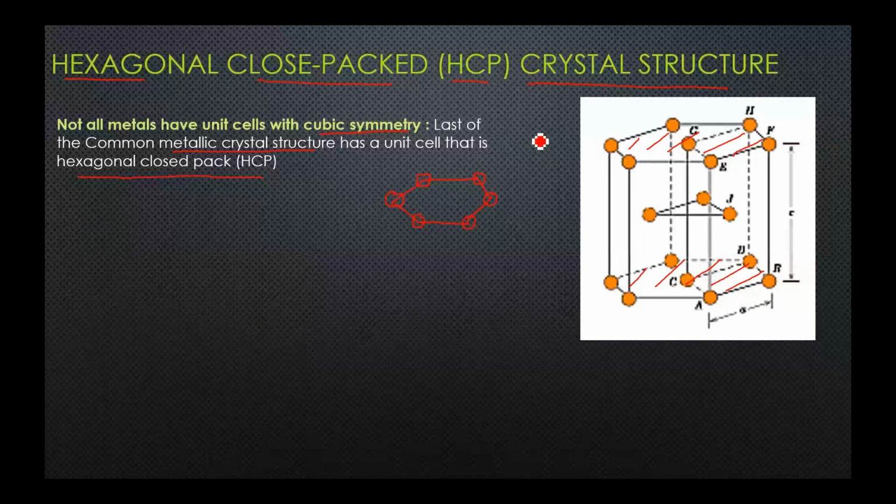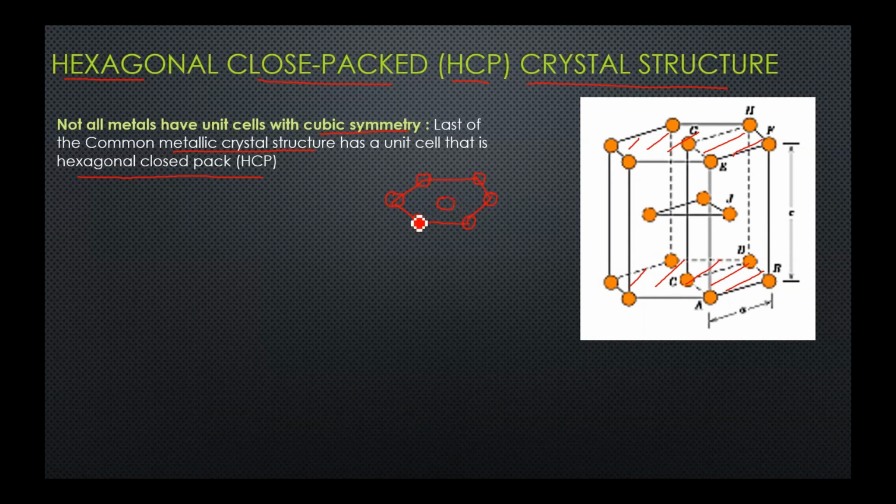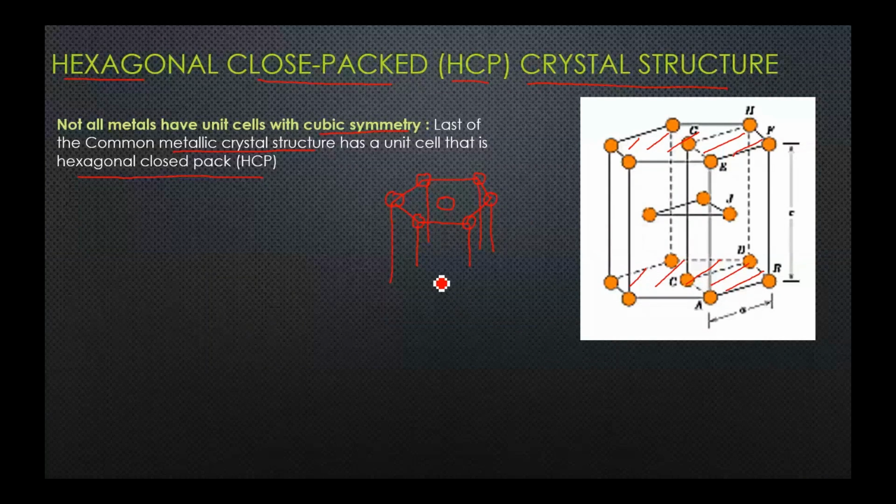There are 6 corner atoms in a basal plane of a hexagon which surround a central atom in the center. This is the basal plane of a hexagon. You have a similar basal plane at the bottom. I'm not going to draw it completely as it is already drawn for you, but you have a similar basal plane at the bottom. Is this clear to you?